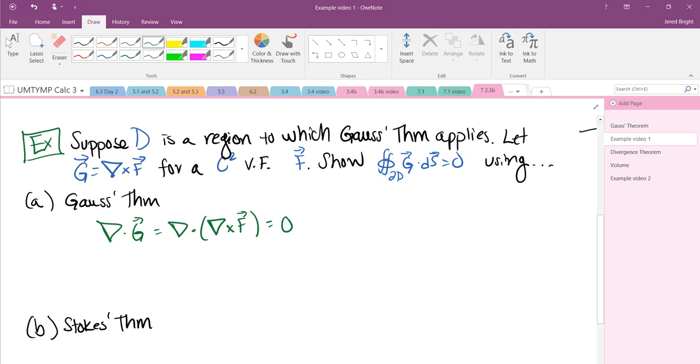Great. So when we look at the closed vector surface integral over the boundary of G dot dS, this is the same as the triple integral over D of the divergence, and this is just 0. Great, one of them done.